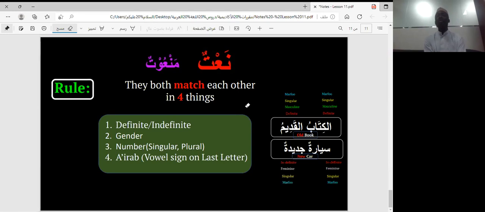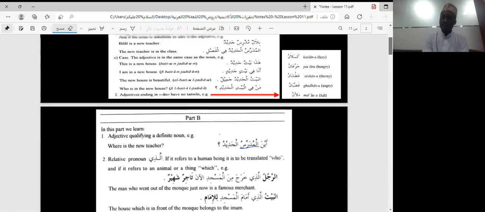When you say al-muslimuna, the Muslims, and the good Muslims, al-muslimuna at-tayyibuna. You don't say al-muslimuna at-tayyibu. You should add the waw and nun at the end. So they follow each other in what? Definite or indefinite, gender, number, singular or plural, and in i'rab, which is the vowel sound on the last letter, which we called case in the lesson.